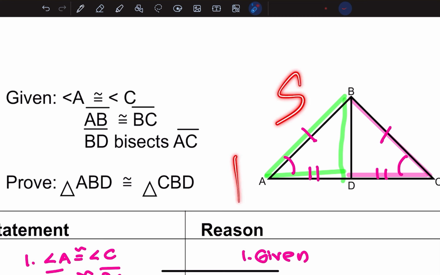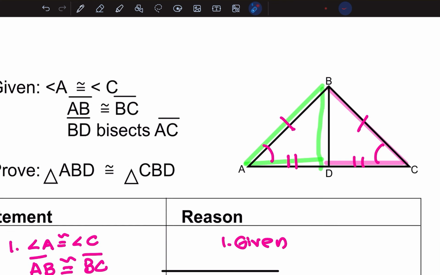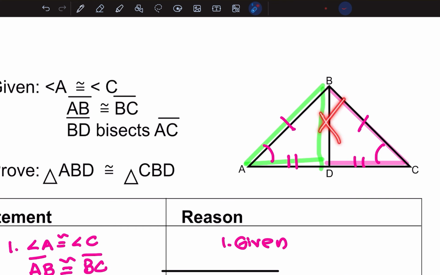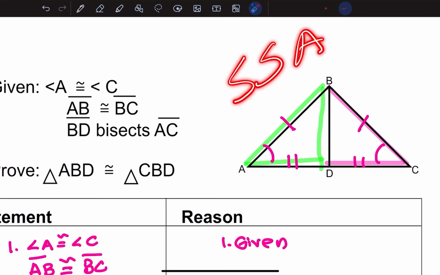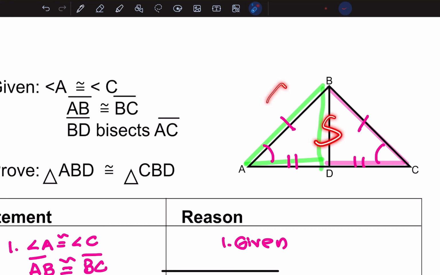Therefore, I know I'm going to use side, angle, side. Right? You might think, oh, but this is reflexive. You could also mark this and then do side, side, side, but you cannot do SSA. You cannot do side, side, angle. That is not going to work, right?